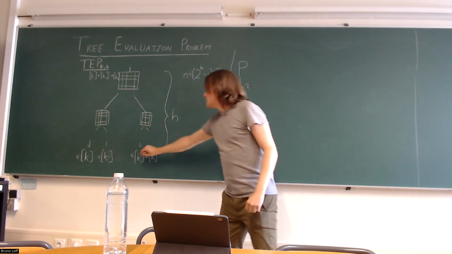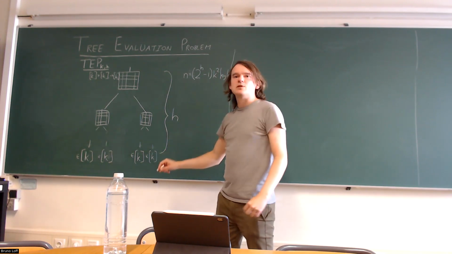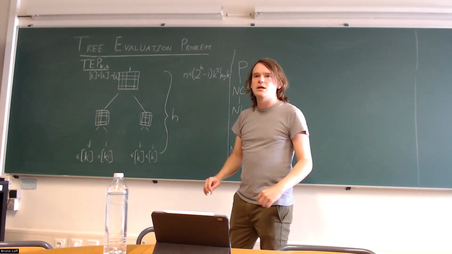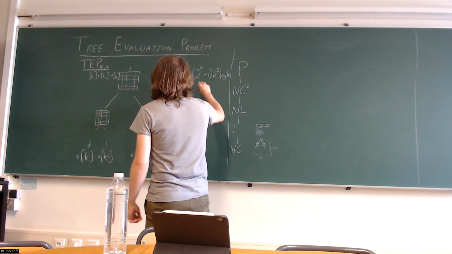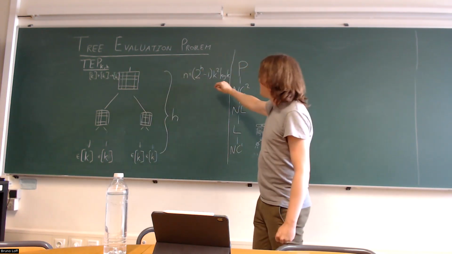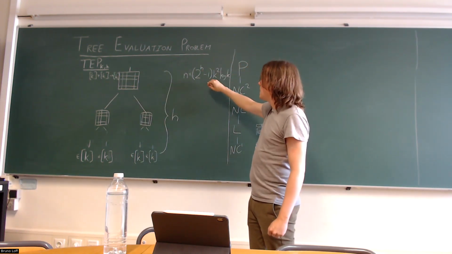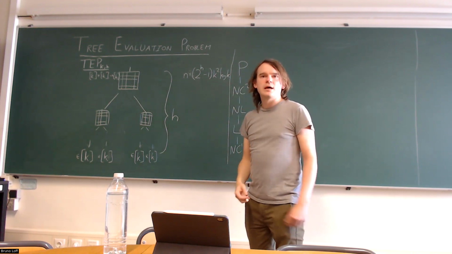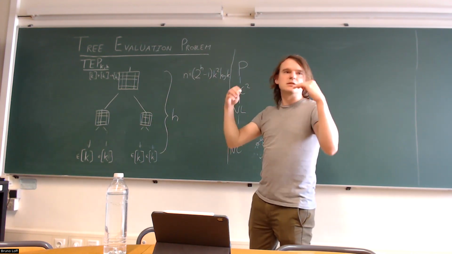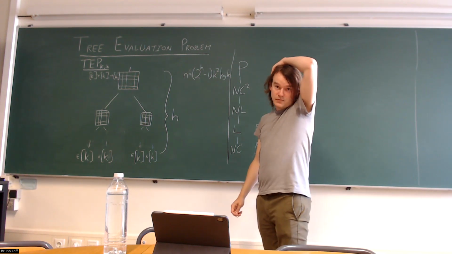Of course, there's a plus 2^h times log k there, but this factor is dominated. The important thing to know here is that h can be up to logarithmic in n, and k can be up to polynomial in n. Pretty much no matter how you set the parameters, that's the ceiling for both of those.